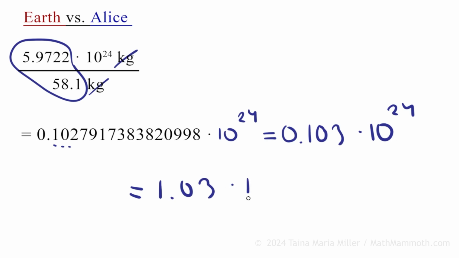And how does the exponent change? Since this has to become 10 times bigger, then this has to become 10 times less than it is now. It loses 1 of the 10 times, so to speak. So the Earth is about 1.03 times 10 to the 23rd times the mass of Alice.